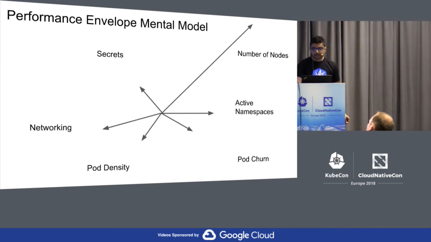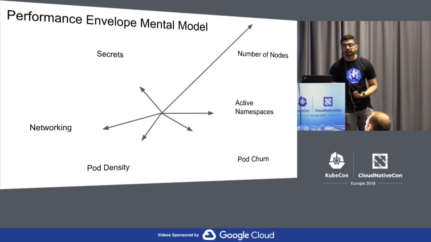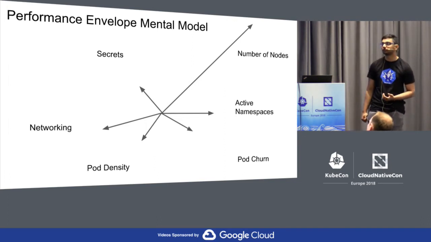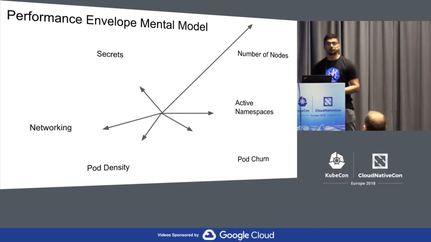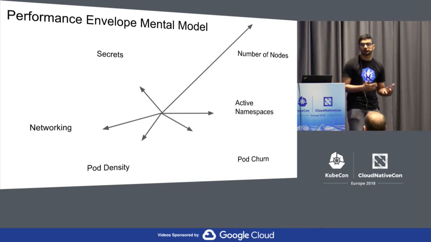If you want to really skew towards one particular limit, you probably will be more limited on other fronts. So when you're designing your own cluster, as a user, if you want to start a big cluster, you need to carefully consider these factors. What are the things you're going to use most? What is the kind of churn you're going to create?